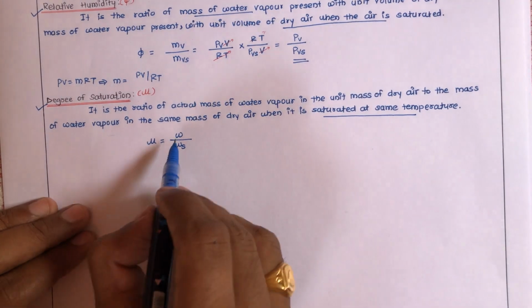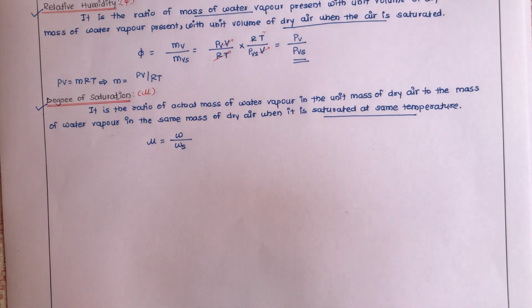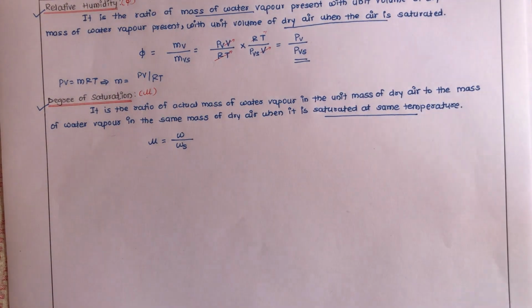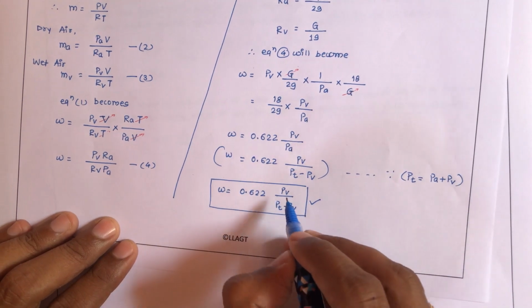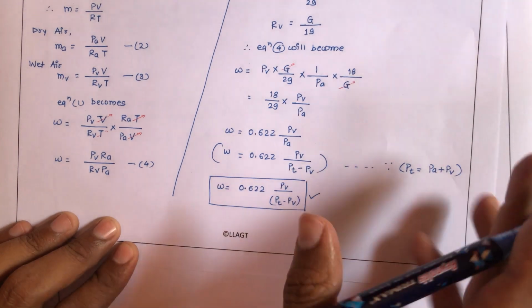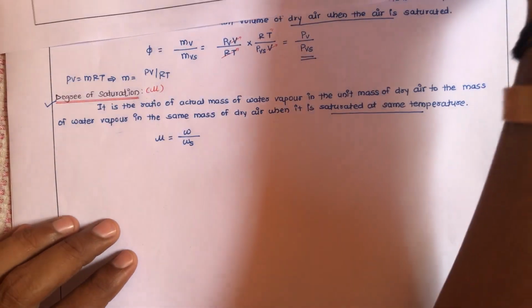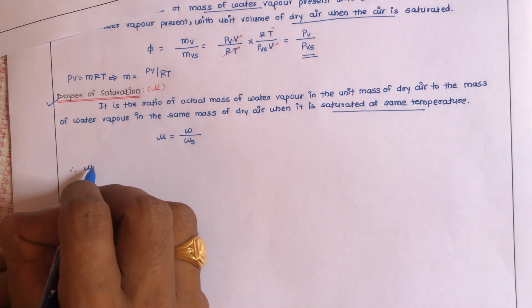Now go on putting the values of omega and omega s. What was the value of omega? The value of omega was 0.622 into Pv upon Pt minus Pv. Now we are going to use the same value of omega in this equation. Therefore what will I get?